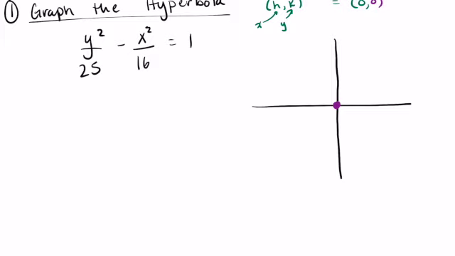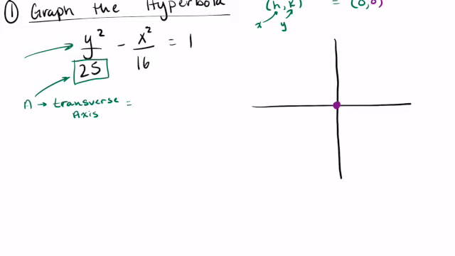Step 2, find my vertices and my co-vertices. Now, this is the big meaty part of graphing a hyperbola. For us, the first thing I want to say is, hey, look, y is my positive variable. So what that tells me is that this is going to be my value of a, which is part of my transverse axis. Now that's very helpful.